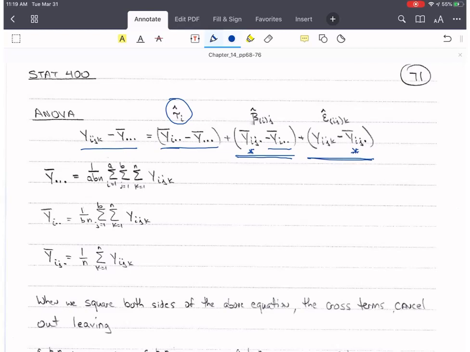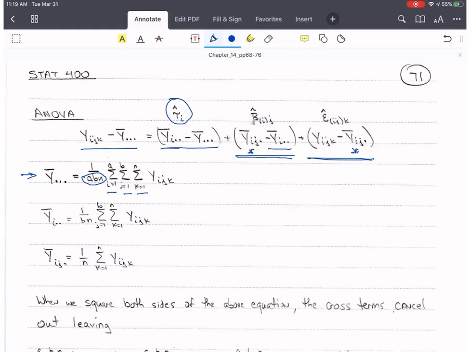This follows naturally. This next computation is the overall sample average, so we add up over i, j, and k. We add up all the values in the whole model and divide by the total number of observations in the model, a times b times n.